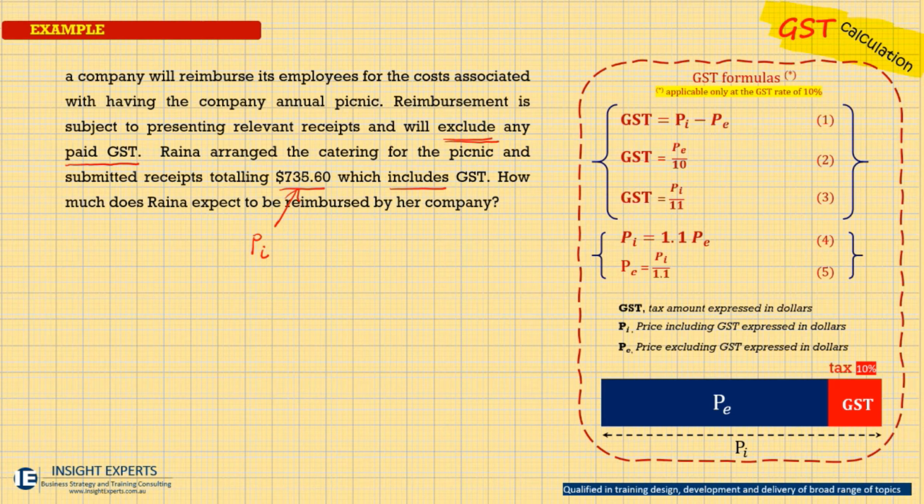So if I just look at equations 1, 2, 3, 4, and 5, there are many ways of doing it, but the quickest way is equation number 5, because by default, PE is the price excluding GST.